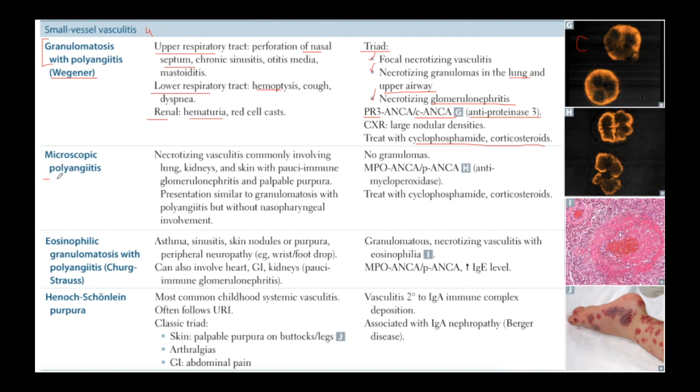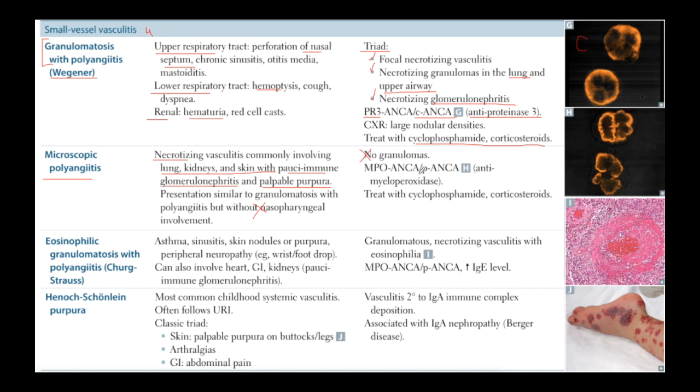We have our microscopic polyangiitis. This is also our necrotizing vasculitis. That is different than our Wegener's because it does not have nasopharyngeal involvement, but it will involve the lung, kidneys, and skin with a pauci-immune glomerulonephritis and palpable purpura as well. Again, no granulomas.